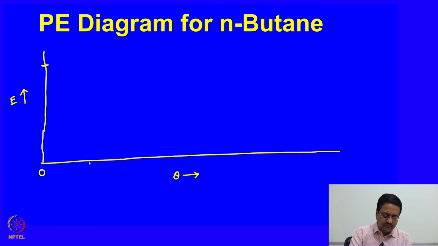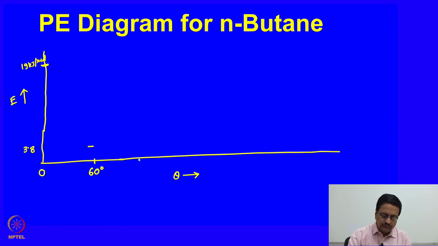When you go to the conformer at 60 degree, you have only the n-butane Gauche interaction, which is 3.8. So this is 3.8 and this is 0 and this is plus 19 kilojoules per mole.